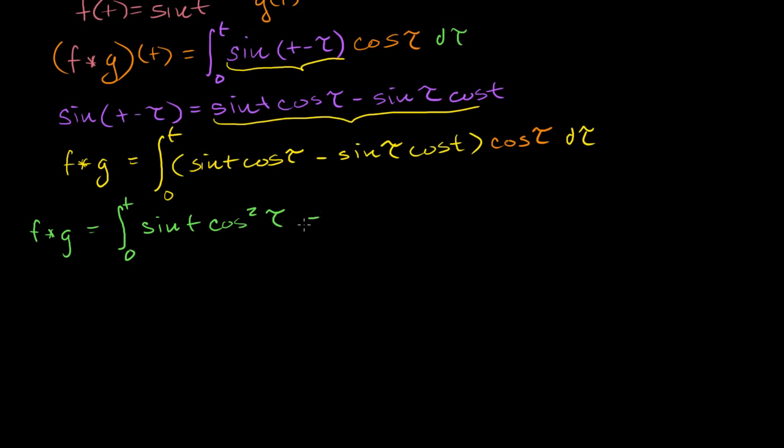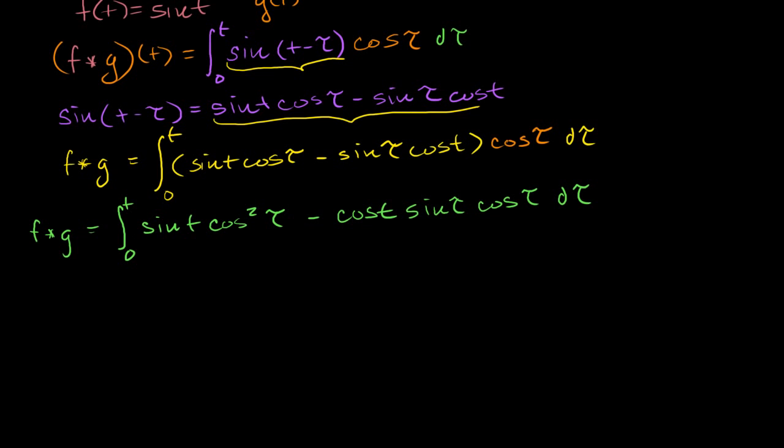And then minus, let's rewrite the cosine of t first. And I'm doing that because we're integrating with respect to tau. So I'm just going to write my cosine of t first. So cosine of t times sine of tau times the cosine of tau d tau. And now, since we're taking the integral of really two things subtracting from each other, let's just turn this into two separate integrals.